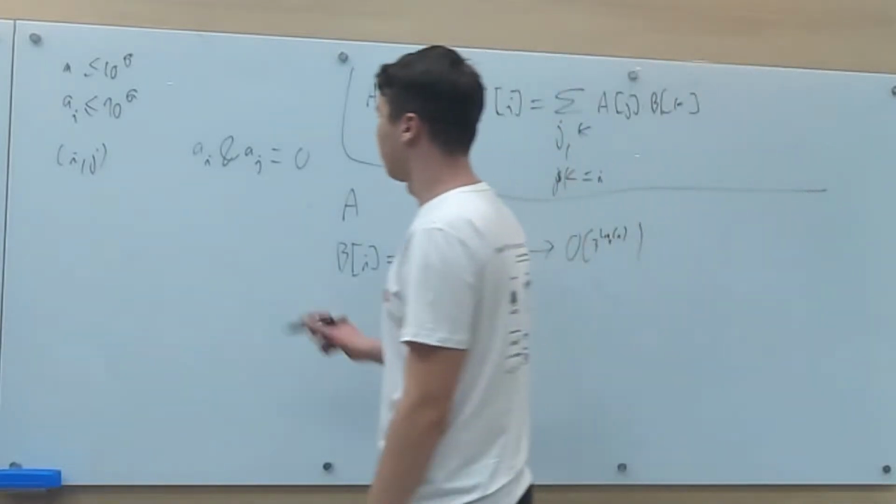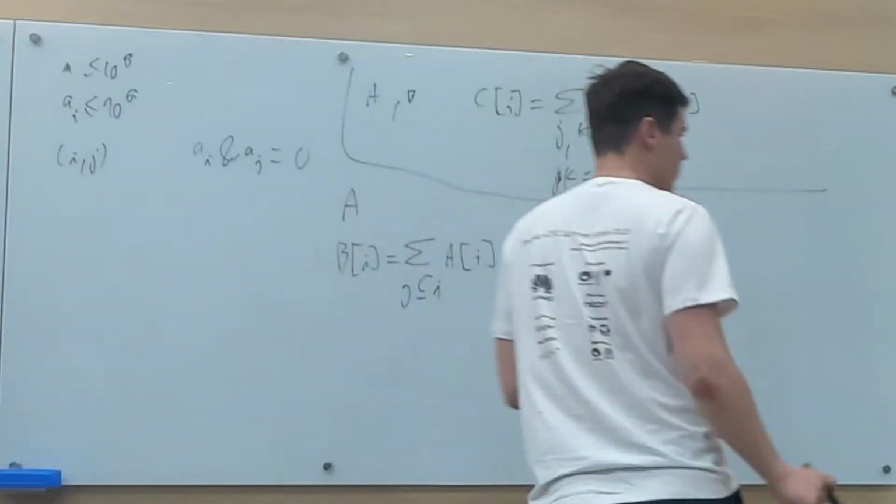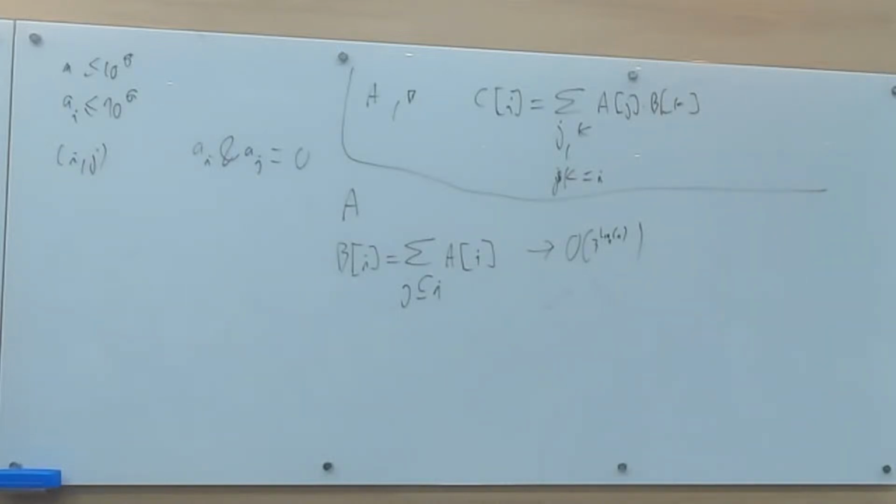So what we can think about is a graph. Let small n be the number of bits and big N be equal to 2 to the power of n.